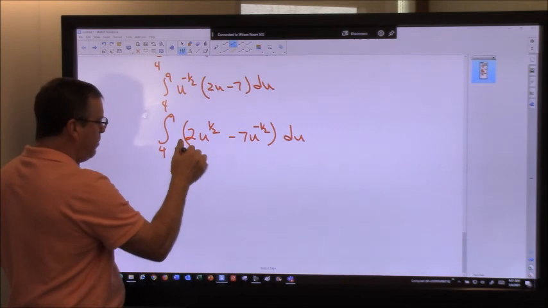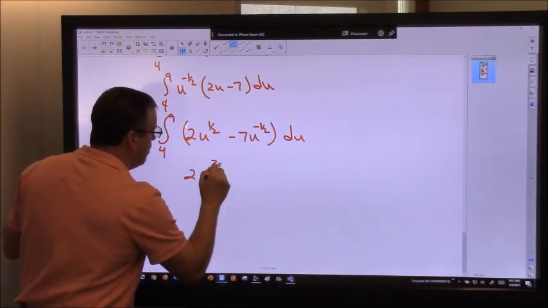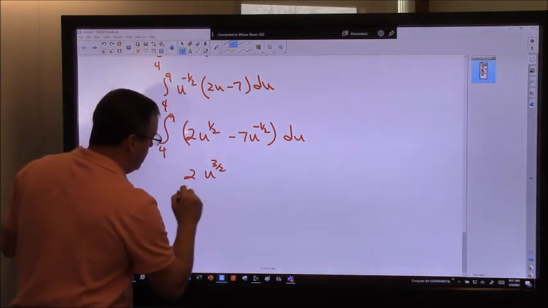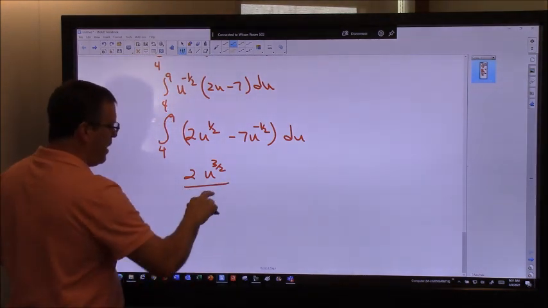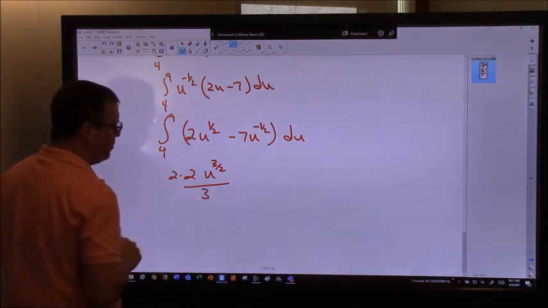All right, so I'm going to add 1 to the exponent, so I've got 2u to the 3/2. And now I need to divide by 3/2, which means I'll flip it over and multiply by 2/3.